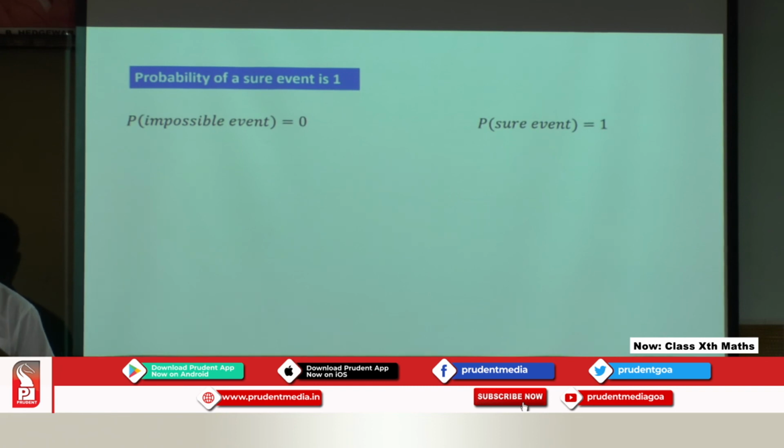Probability of a sure event is 1. Then what will be the probability of any event? The probability of any event will lie between 0 and 1. 0 and 1 are both inclusive.